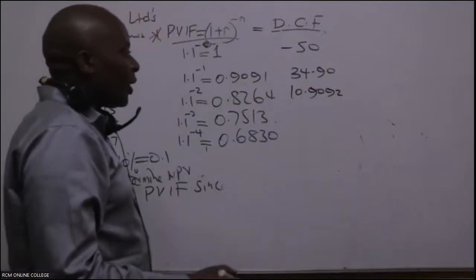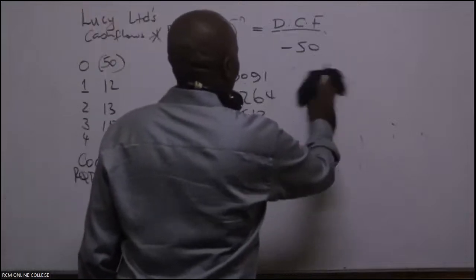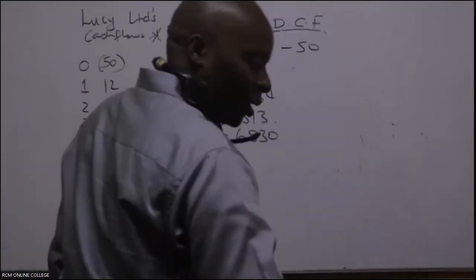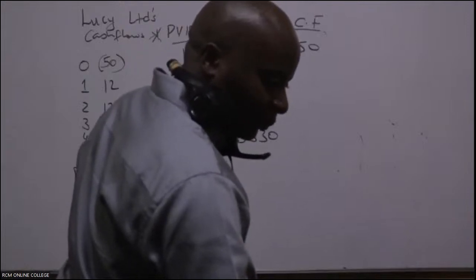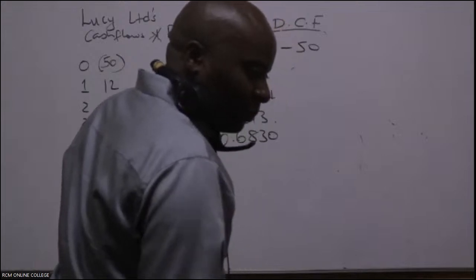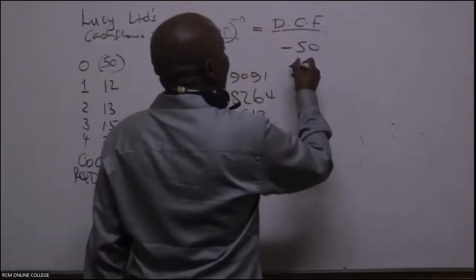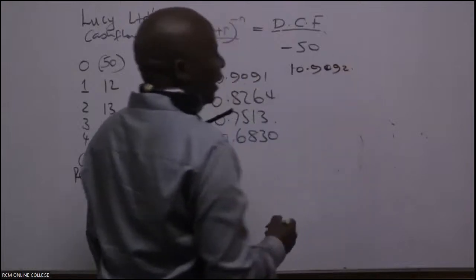Oh, the second one is the one that is 10 point. I don't know where she got this 34, it is too huge. The second one, okay. So ladies and gentlemen, we have here 10.9092. How about the third one?